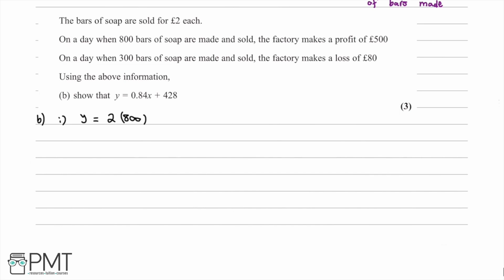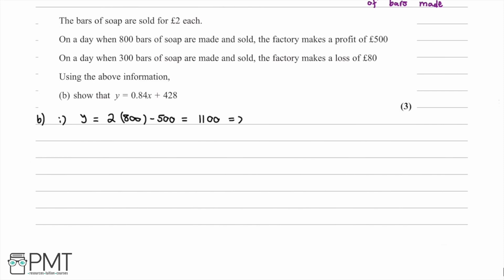And then when we have 800 bars of soap, we know that there is a profit of £500. So we subtract 500, which will then give us the total cost. So following this sum through in our calculator, we'll have 1600 minus 500, which is 1100.